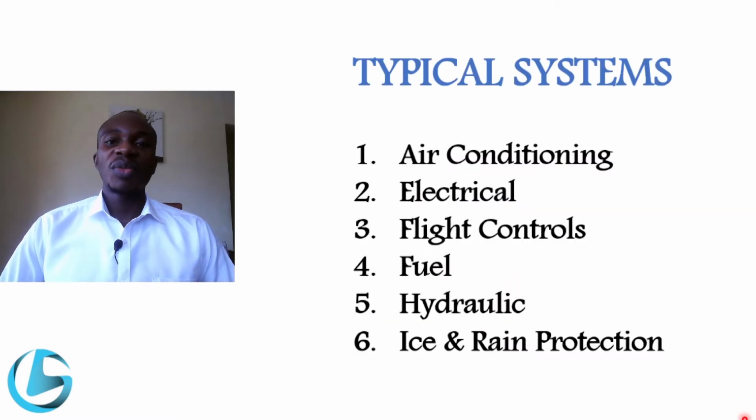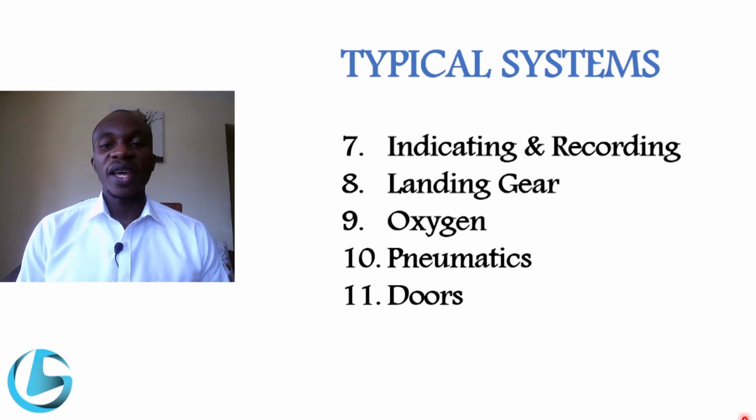The typical systems that are found on an aircraft are as follows. We have the air conditioning system, we have the electrical system, we have the flight control, we have the fuel system, hydraulic system, we have the ice and rain protection system, we have the indicating and recording system, we have the landing gear, we have the oxygen system, we have the pneumatic system, and we have the doors.